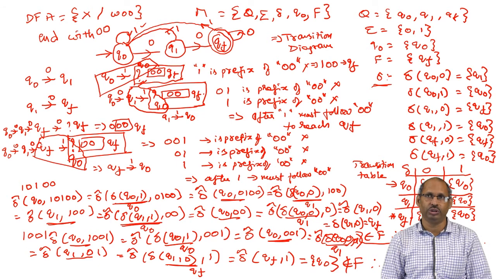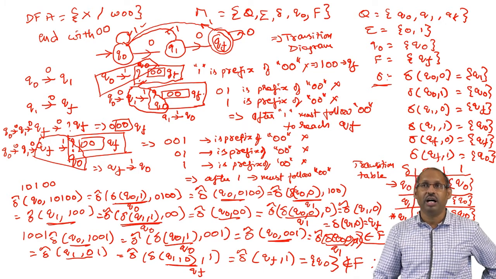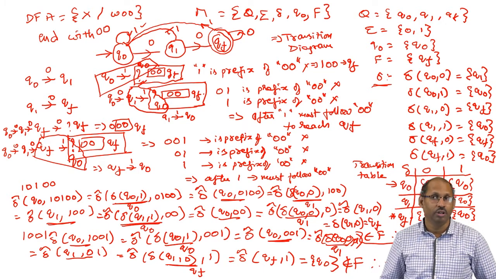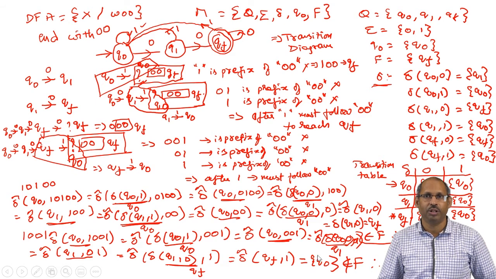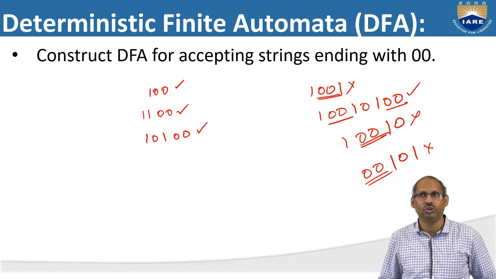It will be accepted only if the two zeros are at the end. If they occur at the beginning or in the middle, it will not be accepted. So, ending with two zeros is over.